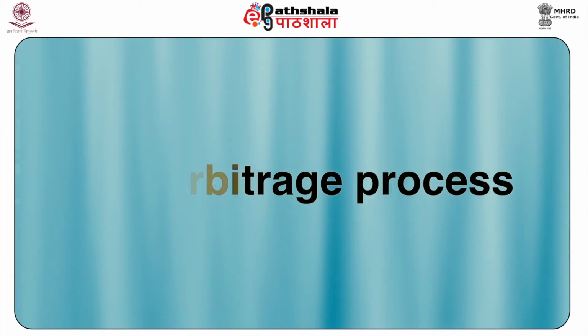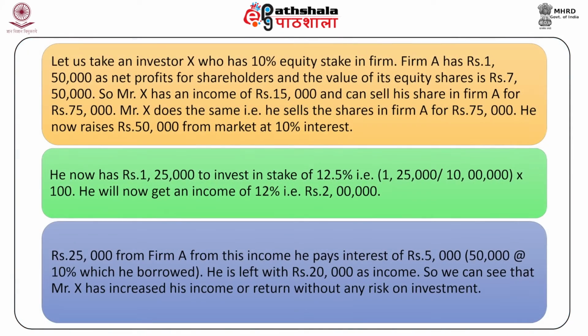The arbitrage process. Let's take an investor who has a 10% equity stake in firm A. Firm A has 1,50,000 as net profits for shareholders and the value of its equity shares is 7,50,000. So Mr. X has an income of 15,000.